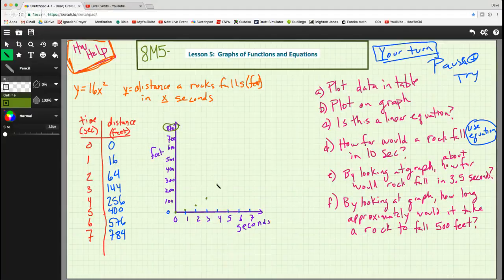Now you can see there's an interesting shape going on here. 5 comma 400. 6 comma 576. And then 7 comma 784.